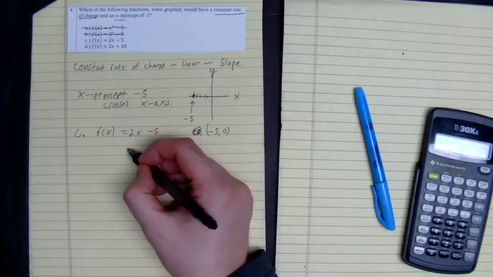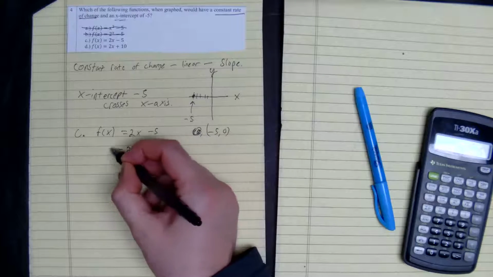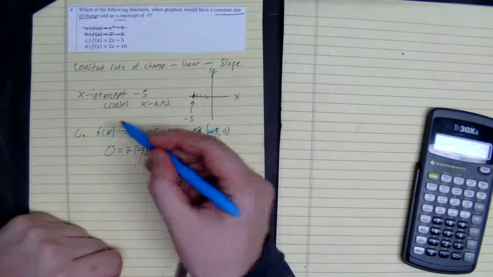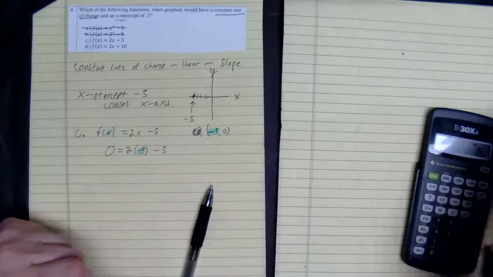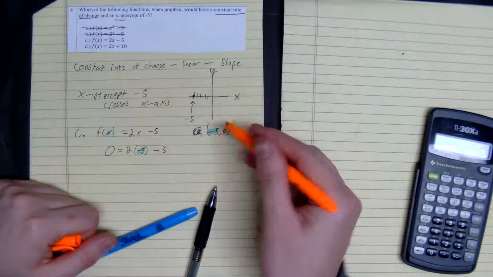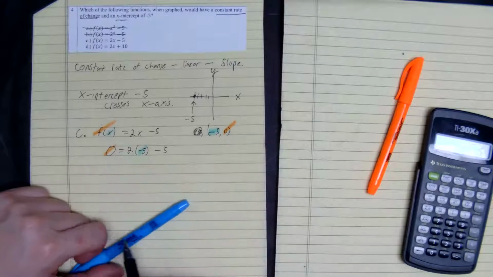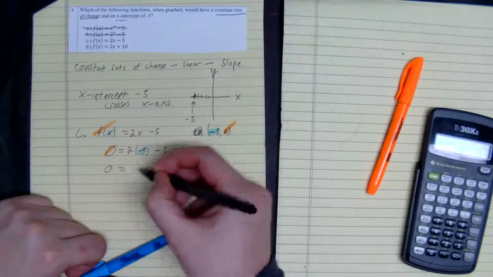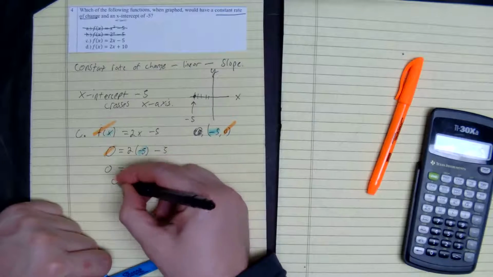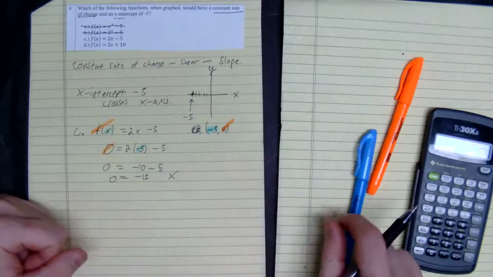So we plug in 2 times -5 minus 5 equals 0. So when you plug in x, you should get a 0. Let's check if it works. As you can see, this doesn't equal out, so that's not going to be a solution.